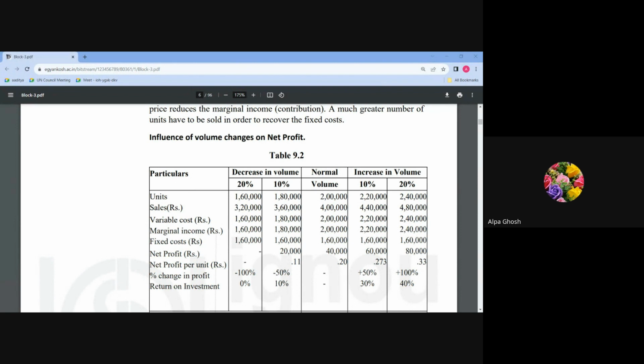Only you are going to make the changes in the units, and all the rest of the things are going to change accordingly. Ma'am, we understand the numbers in the table, but we need other information about the 100% and 50%.